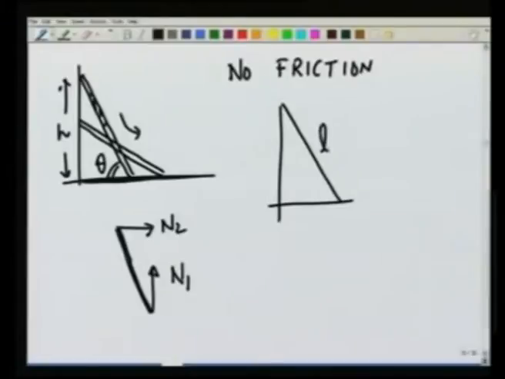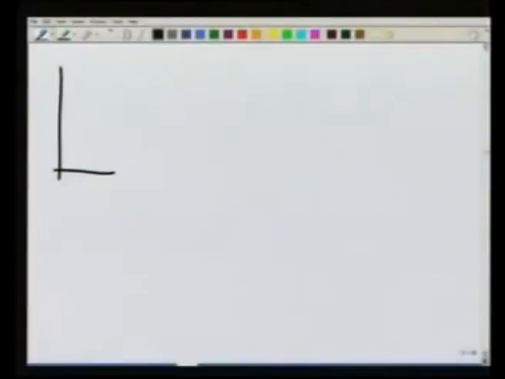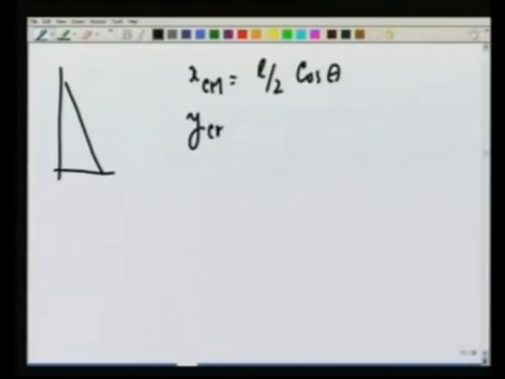Here is the ladder of length L. If this angle is theta, center of mass is right here, you can see that x cm is going to be L over 2 cosine of theta, and y of center of mass is going to be L over 2 sine theta.